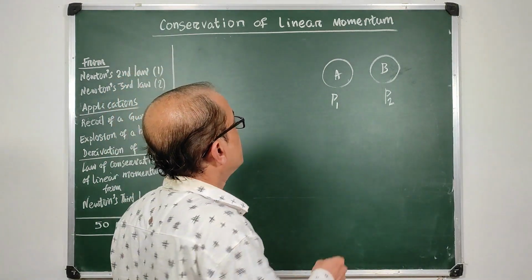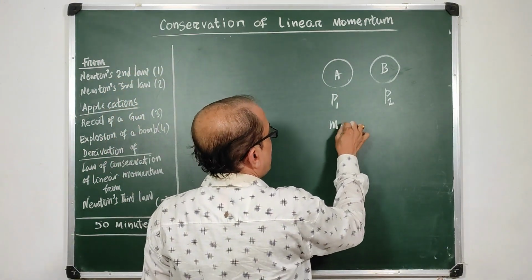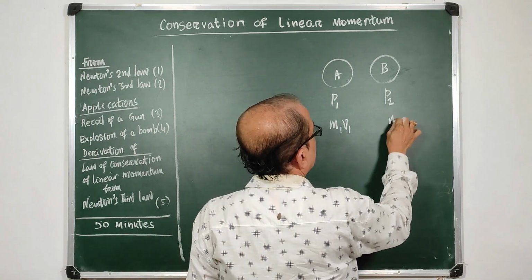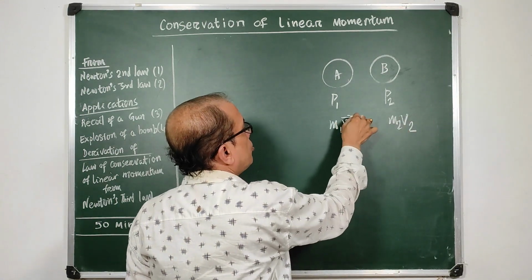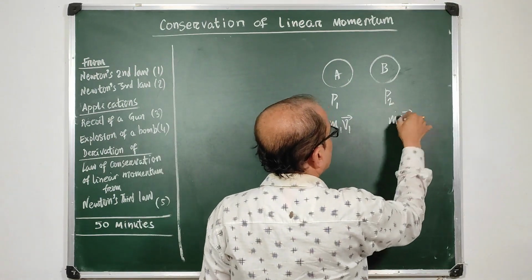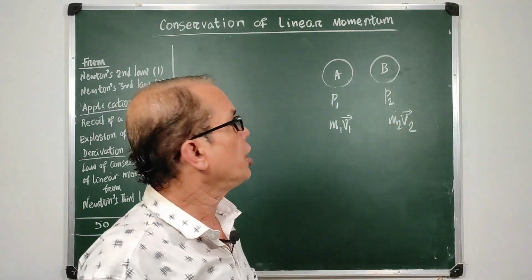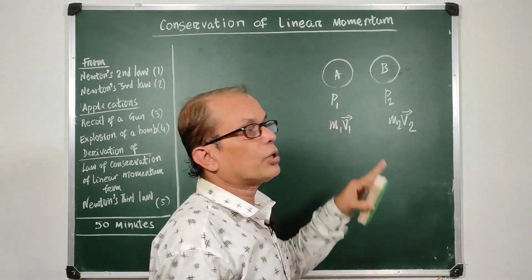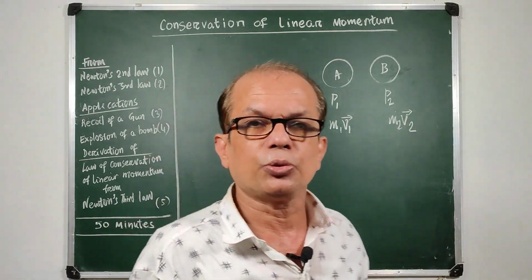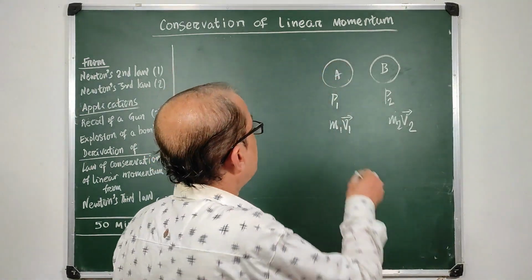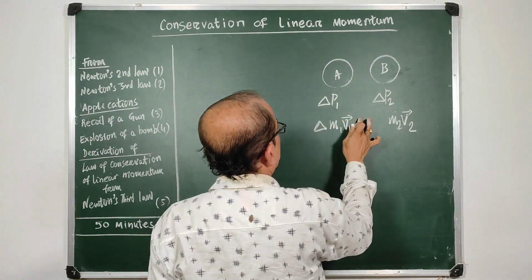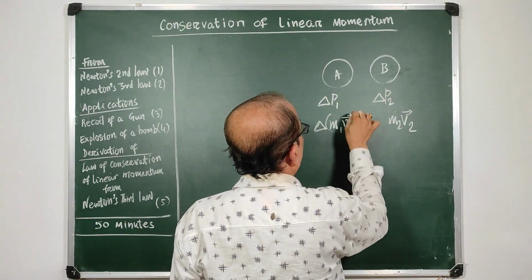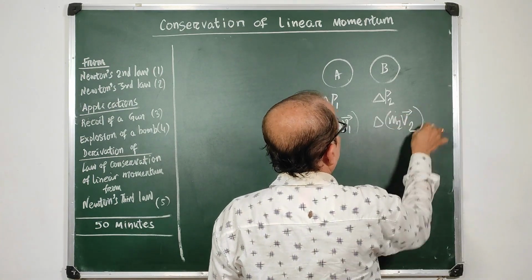So the momentum of the first body is m1 v1, and the momentum of the second body is m2 v2. The change in their momentum can be termed as delta p1 and delta p2, which is delta (m1 v1) and delta (m2 v2).